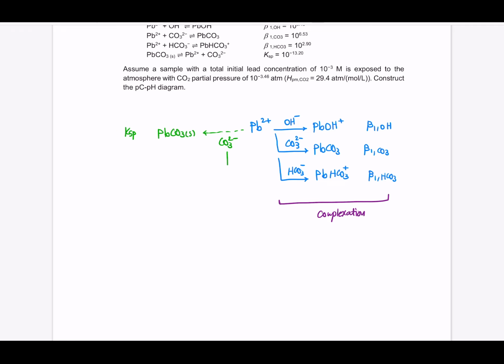And similarly, this CO3 is a part of acid base. Ka2, Ka1. So this would be precipitation. This is basically acid base.